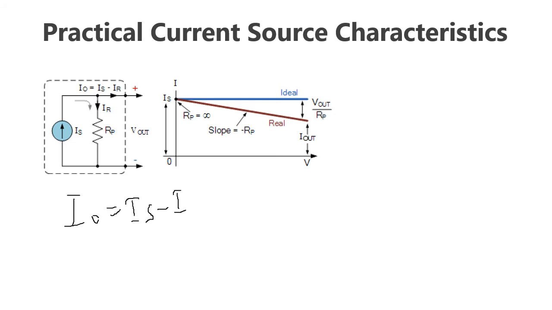According to the KCL, the output current is IS minus IR. Therefore in the characteristic curve you can see that we can't get the exact rated value. The IOut will be less than the rated value. I hope this is clear with this characteristic curve, very easy point.